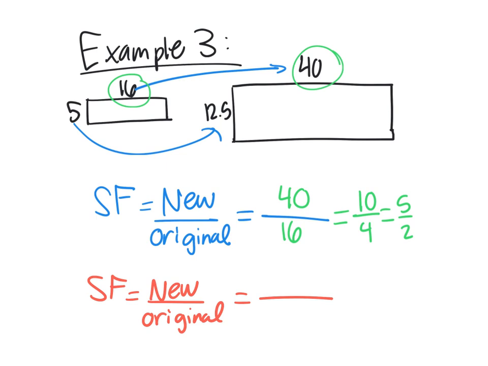My other side length, other than 16 and 40, is going to be 5 and 12 and a half. For my new side, it's 12.5. For my original side, it's 5. It's going to be hard to make sure that we're on the right track. So instead, it would be best if we can turn this into an improper fraction so that we can solve to make sure.